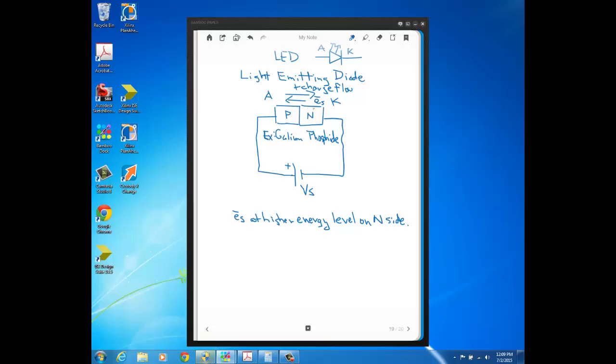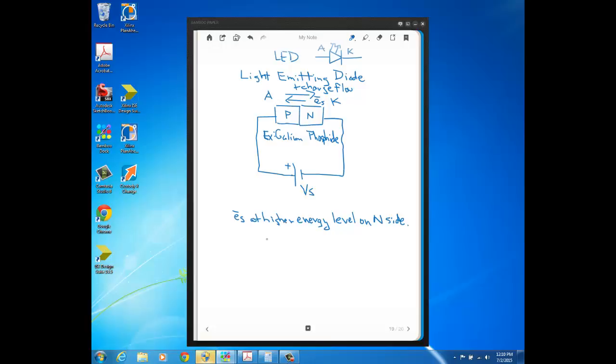So the electrons are going to flow from the N side to the P side, so they're going to drop in energy level as they go from the higher energy level side on the N to the lower energy level on the P. So energy is given off, and as long as that energy gap difference between the energy levels of the N and P side are such that the frequency of the energy that's given off is within our visual spectrum, well, we see that energy given off as light.